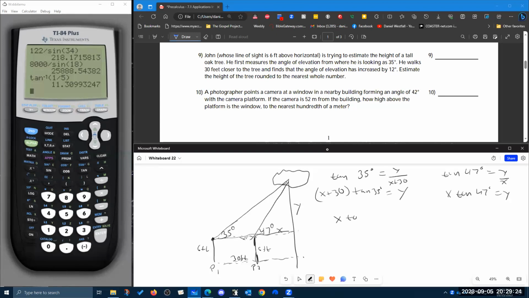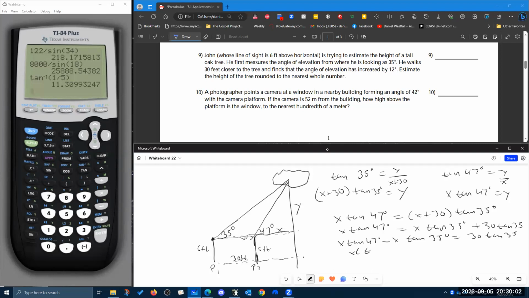x tan 47 is equal to x plus 30 tan of 35. x tan 47 equals x tan 35 plus 30 tan 35. I'm going to bring my x's to the left here. x tan 47 minus x tan 35 equals 30 tan 35.